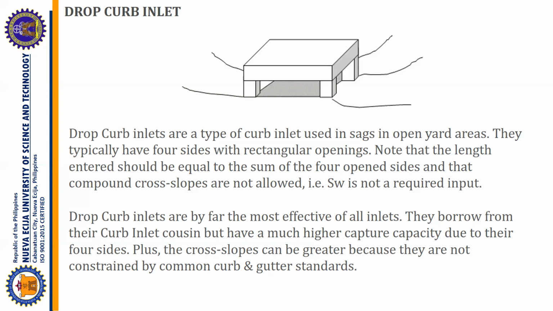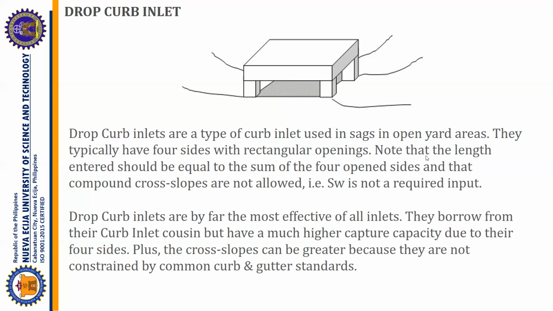Siguro ito yung pang malawakan. Ito yung mga pang, hindi naman siguro. Surely na ito yung ginagamit sa mga pang malawakang yard area. So, pwede itong ilagay sa, hindi lang to pang gilid, pwede din ito sa gitna, ganon. Kasi nga having four sides of the opening, they typically have four sides with rectangular openings.